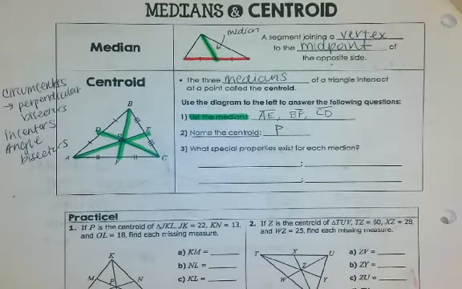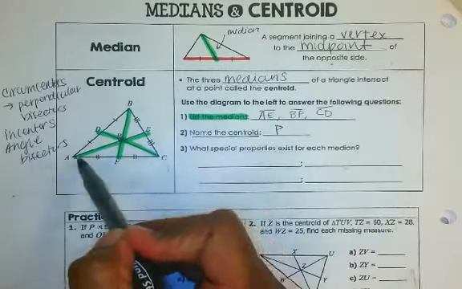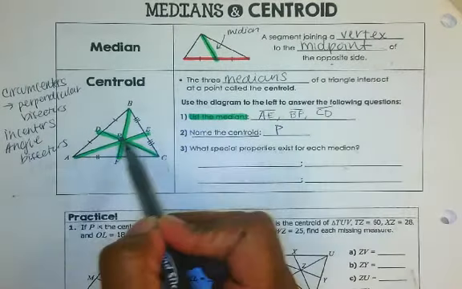Now, what properties exist in medians? So this is a little different. Okay, this is a little bit harder. So each median has a bigger piece and a smaller piece. Okay, so let's look at AE here. The bigger piece is AP.